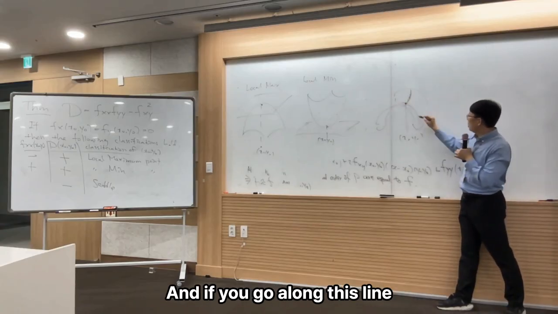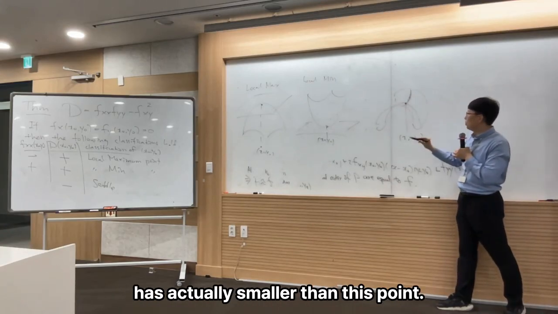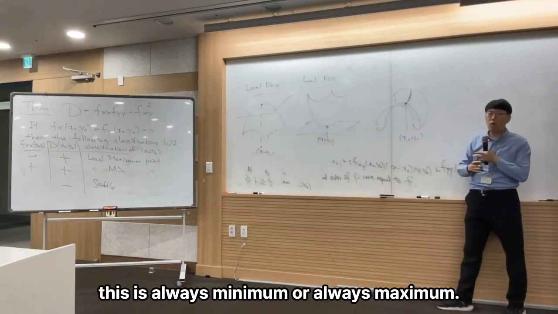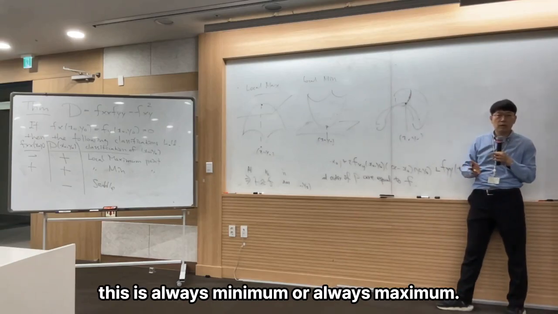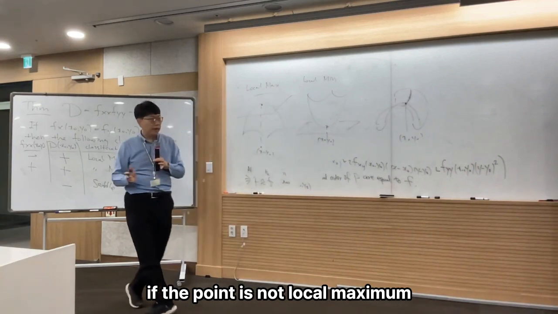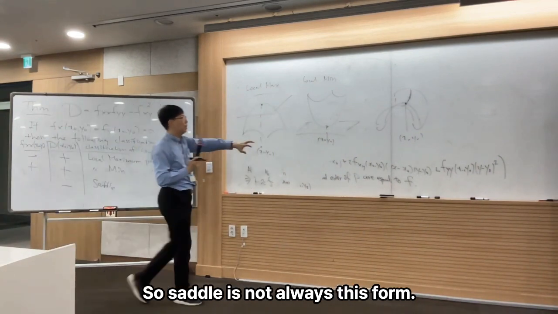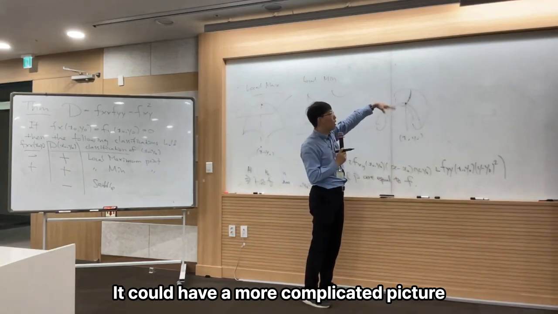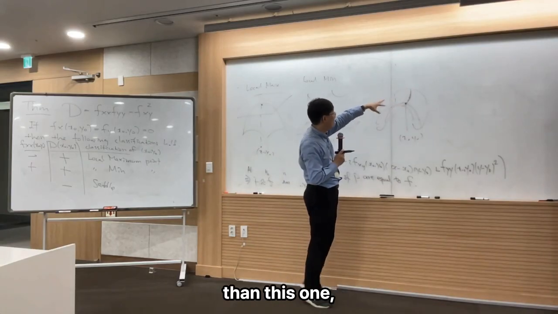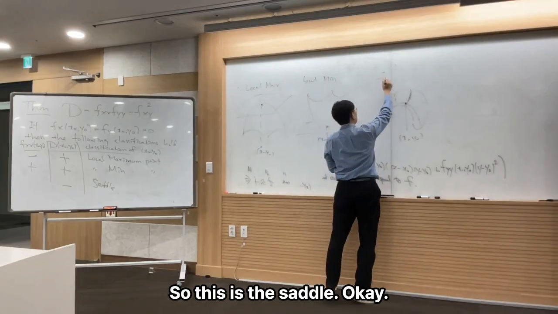And if you go along this other line, the value of the function is actually smaller than this point. So you cannot say this is always a minimum or always a maximum. In technical terms, if the point is neither a local maximum nor a local minimum, it's a saddle. A saddle is not always this form. It could have a more complicated picture, but this is the simplest saddle I can give.